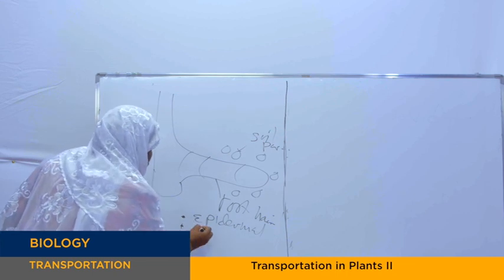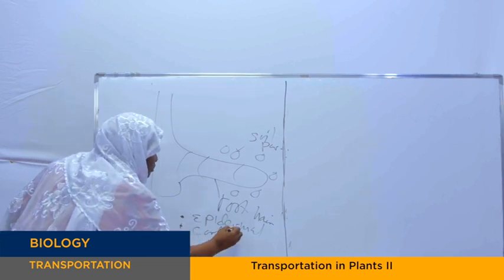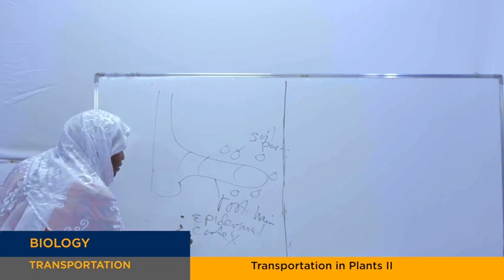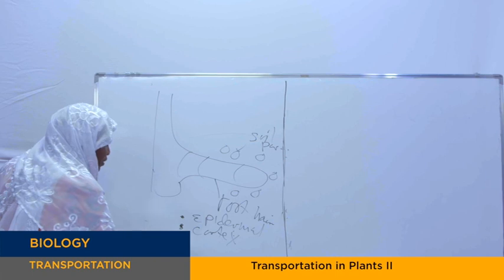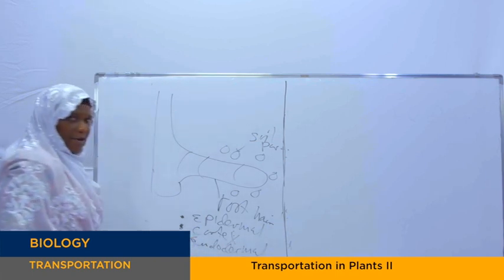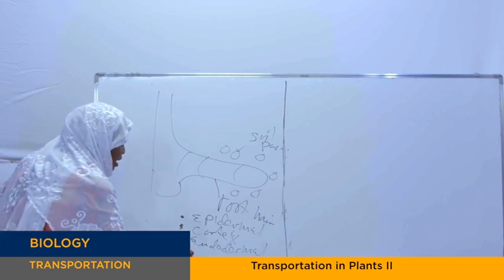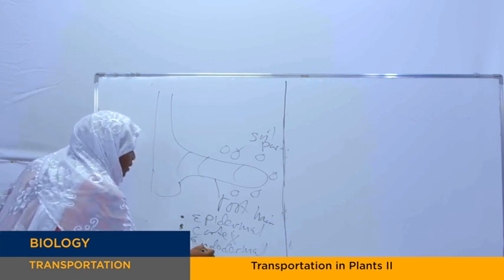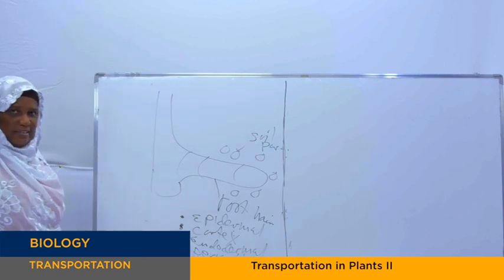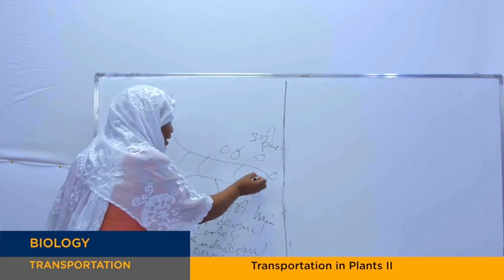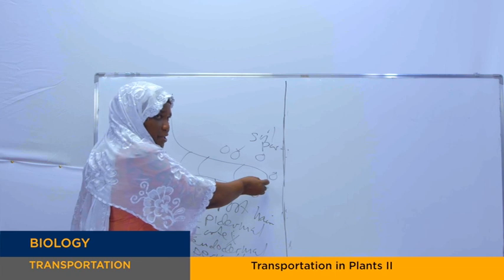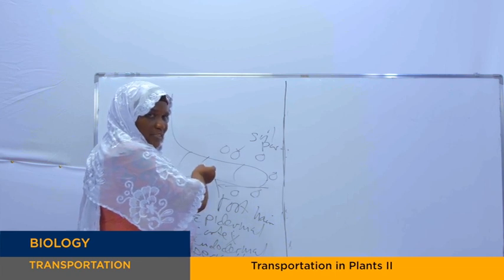There is also the cortex, cortex cells. Apart from the cortex, there are also endodermal cells and pericycle cells. The cells have been arranged following that direction, from here to this direction.